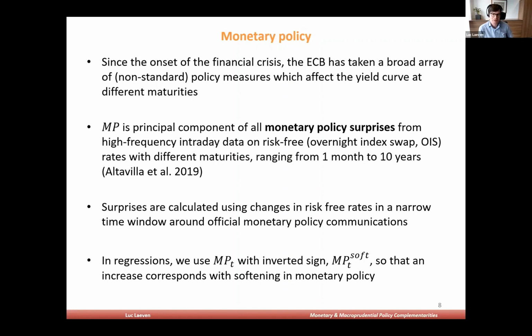That's again what Nakamura, Steinsson, and others do in the literature. And to ease the interpretation, because we will have many interaction terms in our regression model, we invert the sign of the monetary policy shock so that higher values correspond with a softening of monetary policy. So when you interpret it, it's important to bear that in mind.